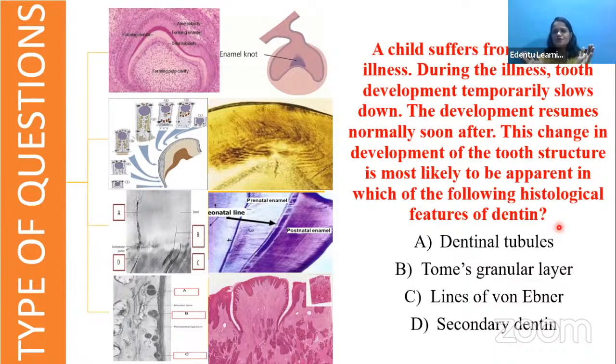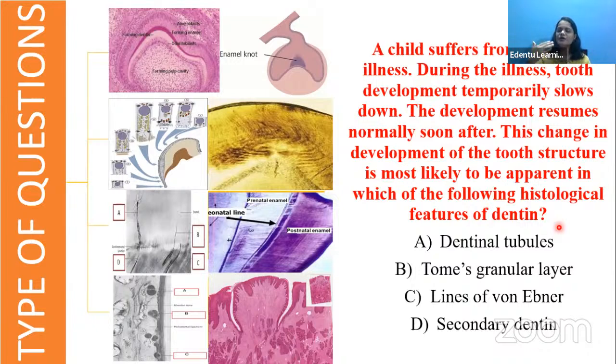Usually what happens is that hard tissue formation happens in layers. One layer will be deposited, and then there is a period of rest and a period of activeness. Once they deposit the layer, the cells take rest, then again produce, and then again take rest.